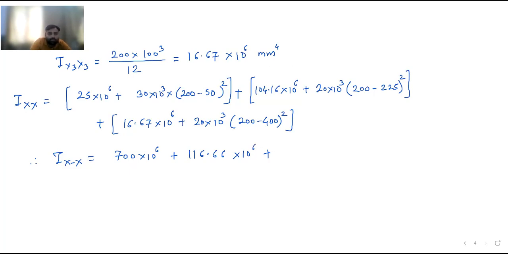So how much is it? Third bracket is 816.67 into 10 raised to 6.